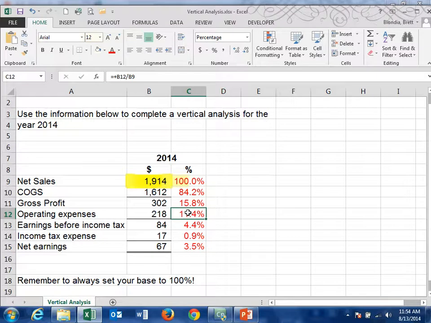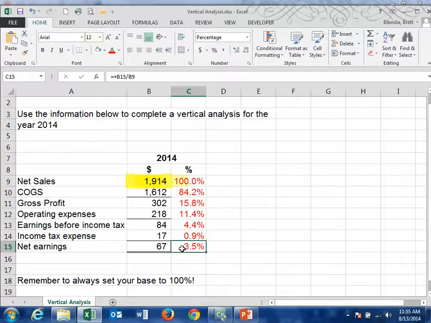Maybe I need to take a look at my operating expenses and find spots where I can trim the fat, where I can be a little bit more lean in my business practices to save me money and increase my profitability. But vertical analysis allows me to do that, as opposed to just comparing my $67 in net earnings to their net earnings. I can base it on percentages as well, and it just gives me more insight.